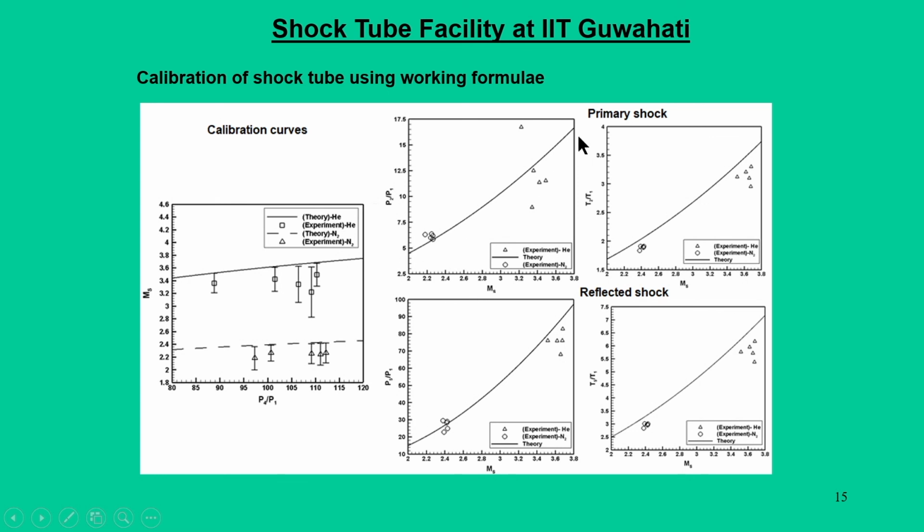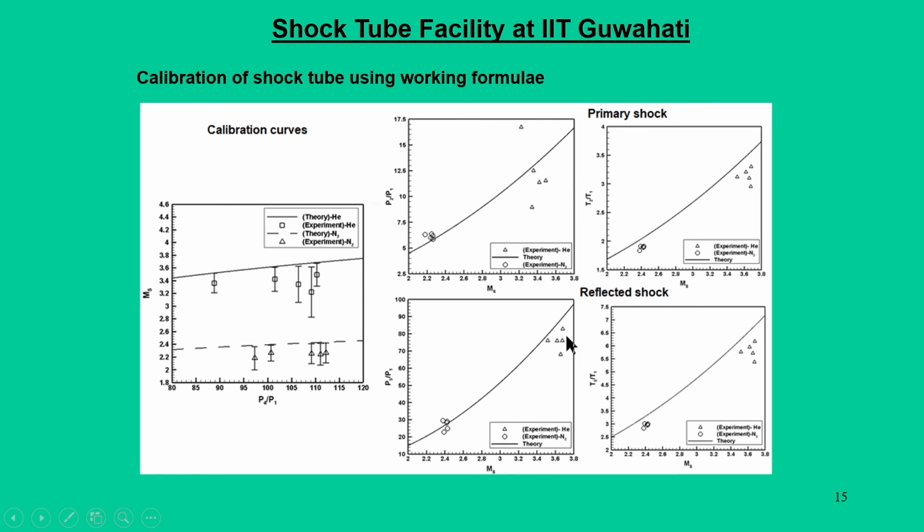Since P2 by P1 is a function of shock Mach number, the theoretical curve can be plotted as a continuous curve, and side by side we superimpose our experimental data from observations.